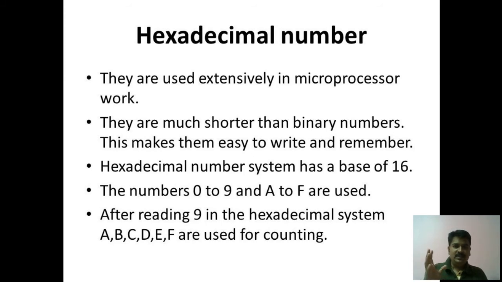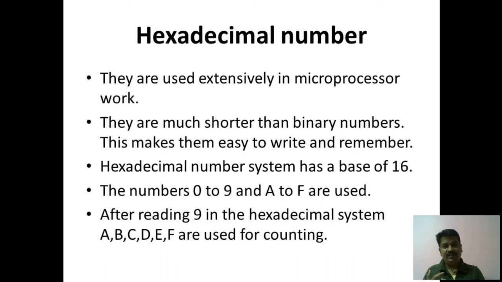These numbers are 0 to 9, and after that we use the alphabets A to F. Just like we use the digits 0 to 9, after that we will not represent 10 as 10. Instead of 10 we represent A. For 11 we represent B. For 12 we represent C. For 13, D. For 14, E, and for 15, F. There it ends, up to 15, 0 to 15.